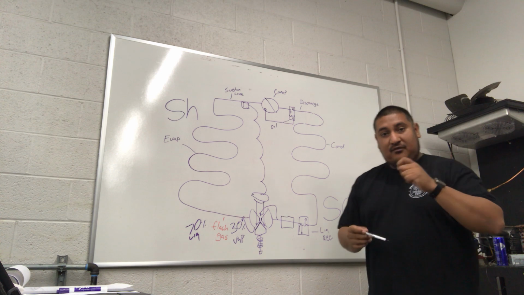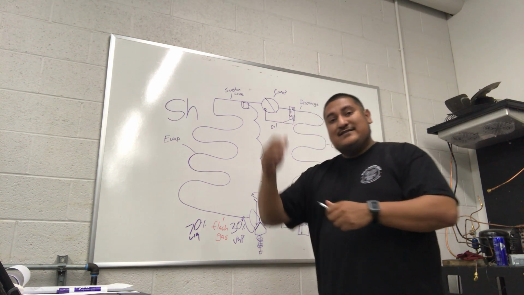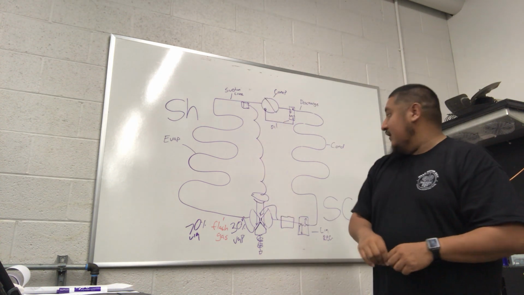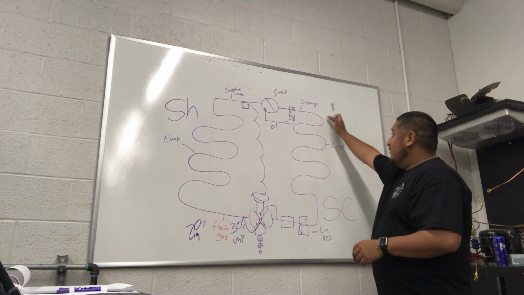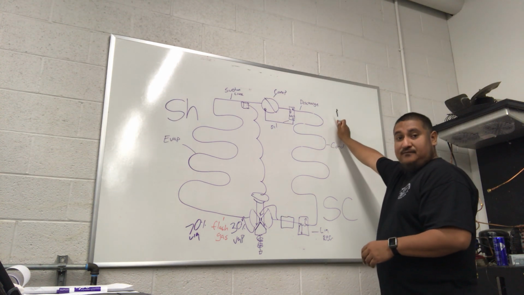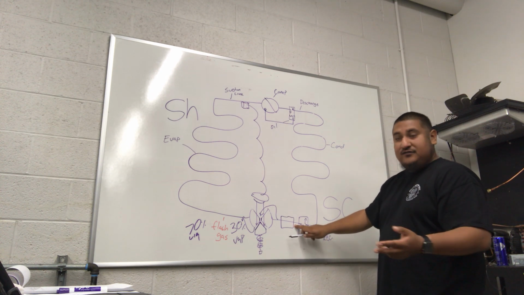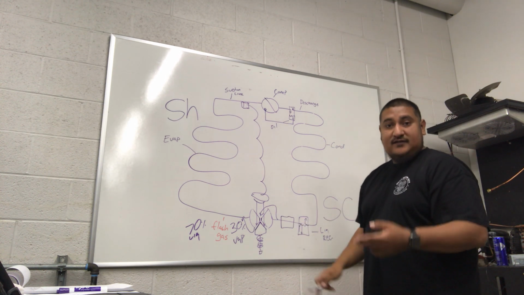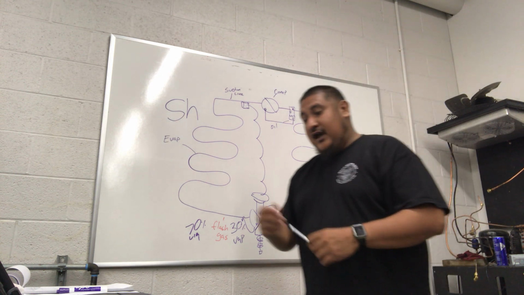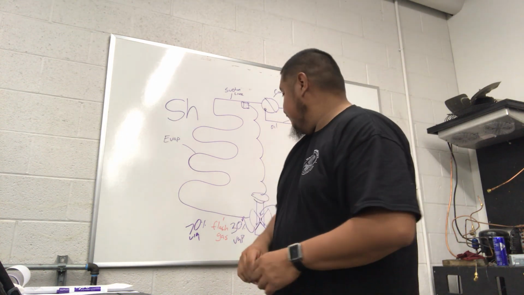So we can actually hook up a thermometer to that copper pipe, and we can see that we dropped those 2 degrees, right? So again, we take our discharge pressure, convert it to temperature, 102 degrees, and we take our liquid line temperature, 100 degrees. We subtract those 2 guys, gives us 2. So we have 2 degrees of subcooling, right?